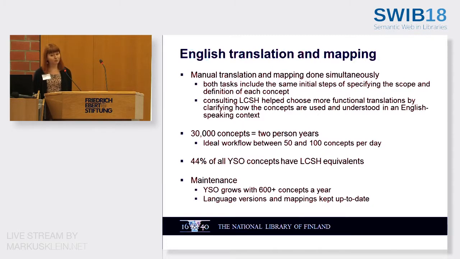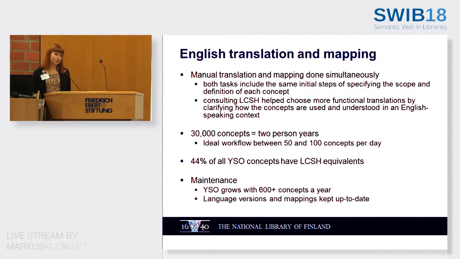So if you're going to do either one of these tasks manually, you can just as well do both of them because they're pretty straightforward to do together. And also by consulting LCSH, we were able to choose translations that are more functional, as it gave a clear view on how the concepts are understood and how they're used in a context that is English speaking.